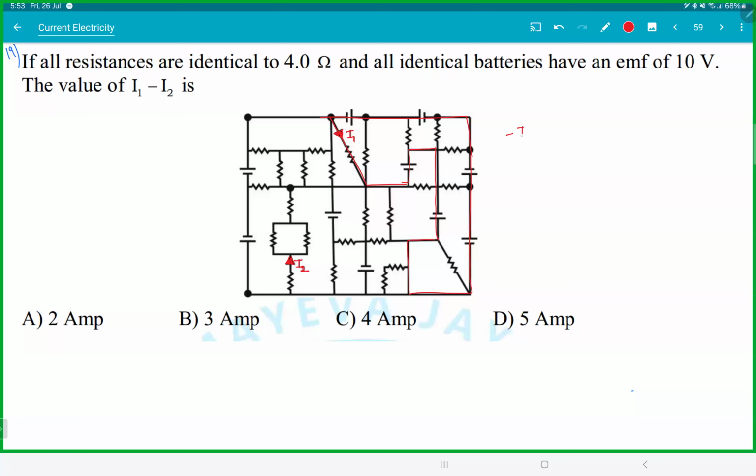So minus I1R, then you went through a battery plus V. I'll just write E as a battery EMF. V plus V plus V minus V plus V minus V equal to 0. So this is gone. So I1 is 2V by R. This is 20 by R is 4. That's 5 amperes. That's I1.